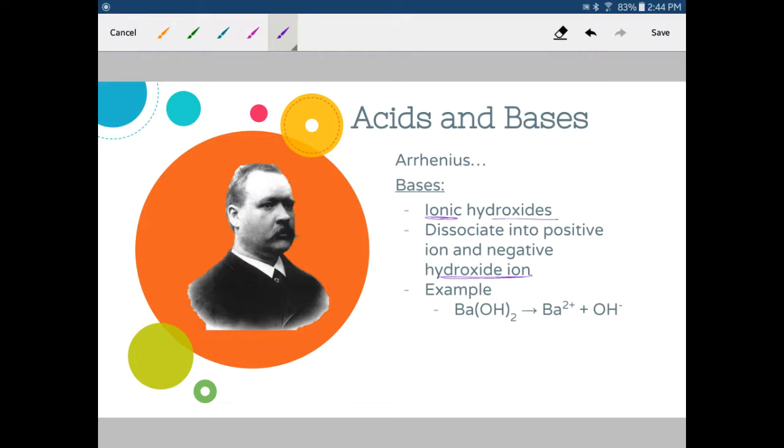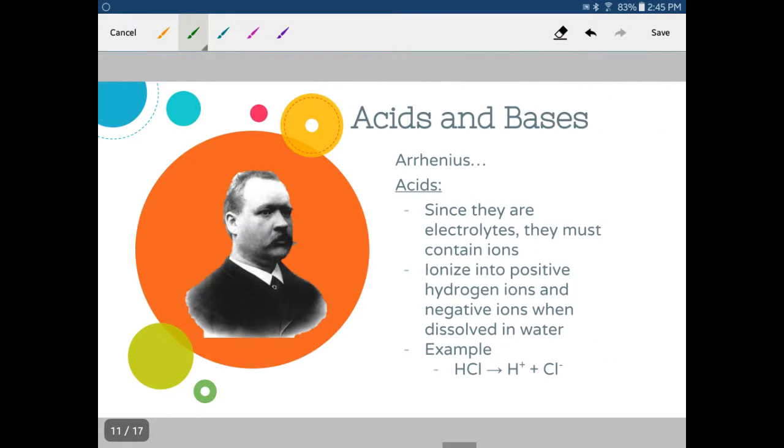If we look at this example, I have barium and I have hydroxide, and this should be balanced. I have 2 hydroxides. So it breaks up into 2 entities, one being the cation and one being this negative hydroxide ion. So he said anything that dissociated to immediately form this hydroxide ion was basic, and we have this dissociation.